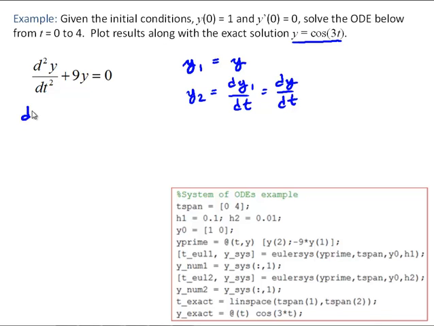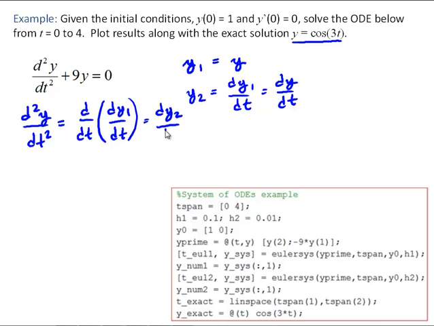So now the second derivative of y with respect to t would be equal to d by dt of dy1 by dt, or dy2 by dt.